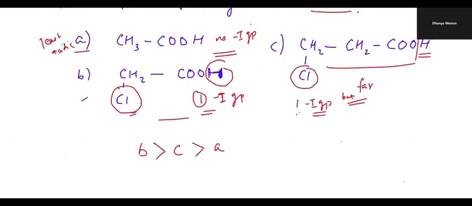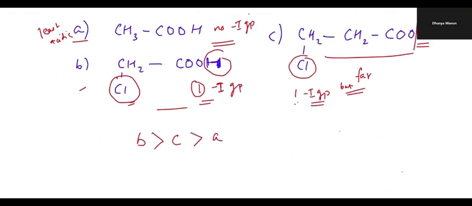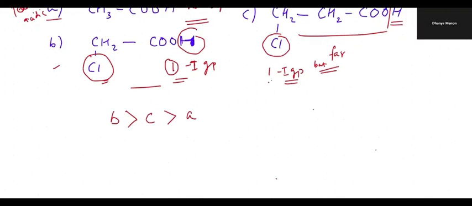So from here we can conclude that those species that have minus I effect group will be more acidic.